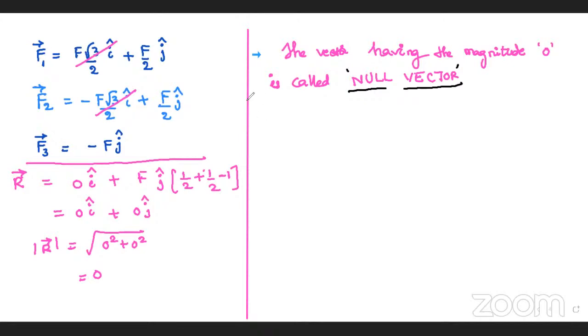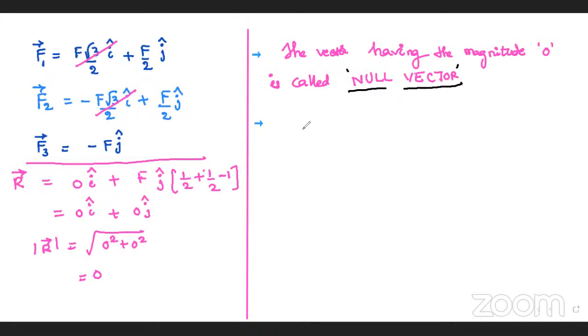So next time when you get the null vector, easily identify, oh, null vector, it has the magnitude 0. Okay, whose magnitude equals to 0. If magnitude is 0, we won't put any arrow mark. That's why there is no specific direction for it. Okay, so in any exam, if they ask what is the direction of null vector?